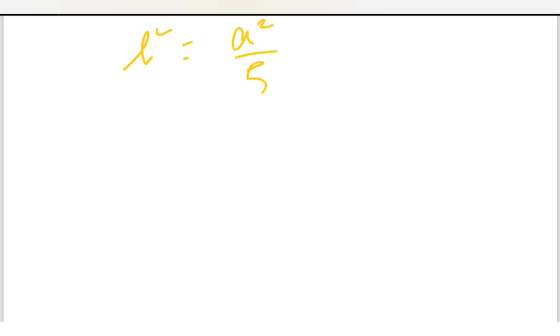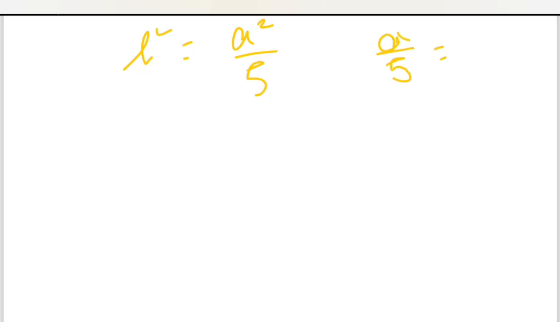This has been proven earlier. So if 5 divides a square, then 5 also divides a. So we have proven that already. So if we take a by 5, we will be getting some value, right?